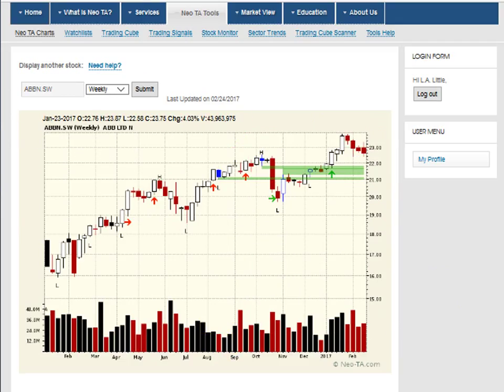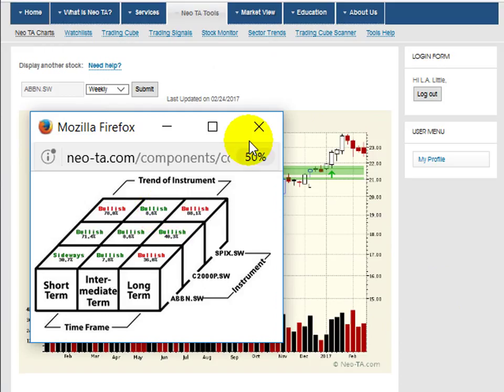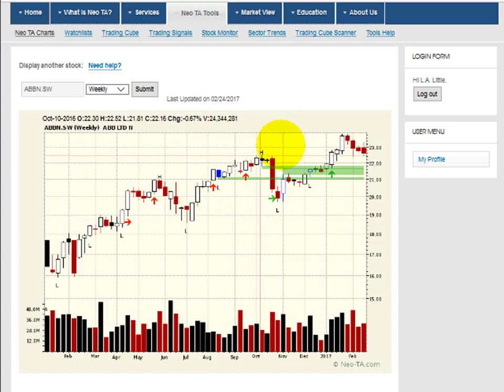So the concepts of trends and timing are important, right? They're the basic components, the most important components of the model. And so when you find your trends, you can do that with your MTTF. You just click on it and you get it, and then you can take a look at it and see what they are. Once you have that, then you can start to understand what your scenarios are in terms of trend, and then you start looking at these timing things like breakouts, like retraces, like retest regenerates, and so forth and so on.